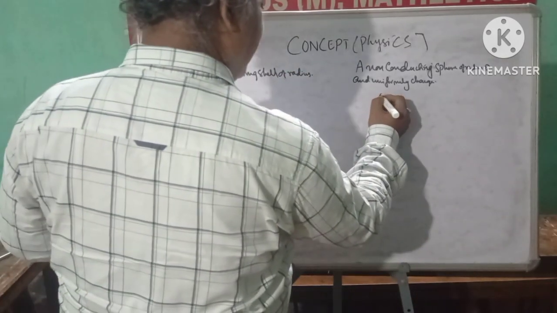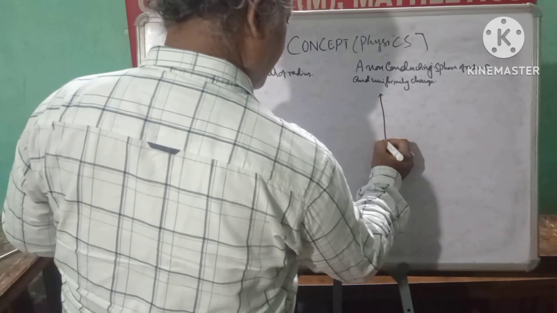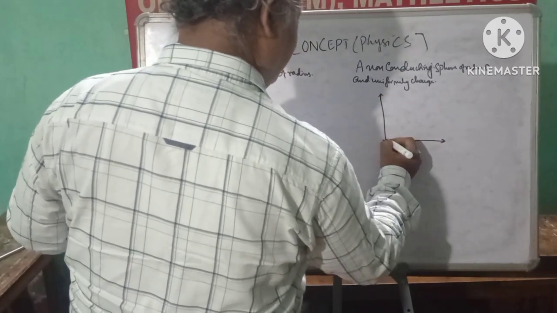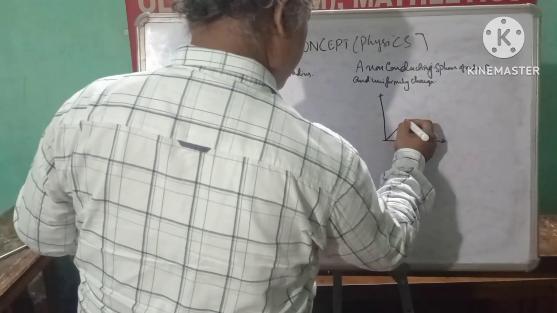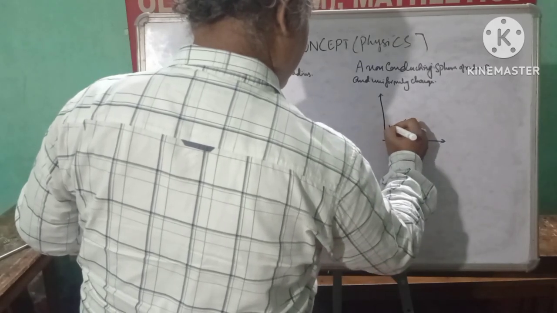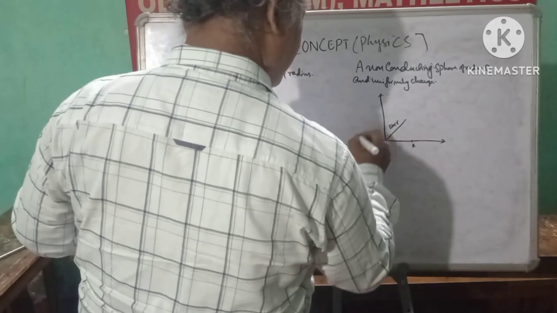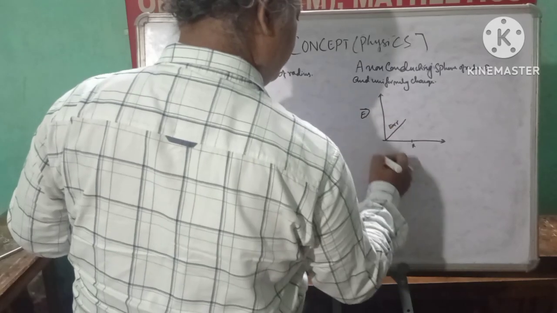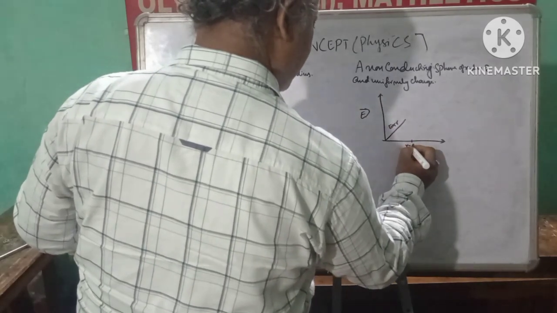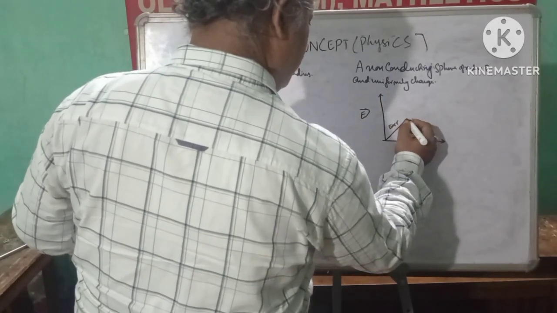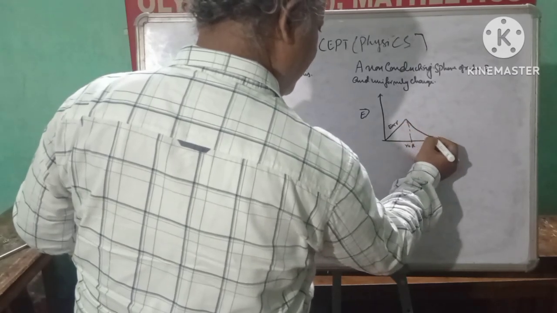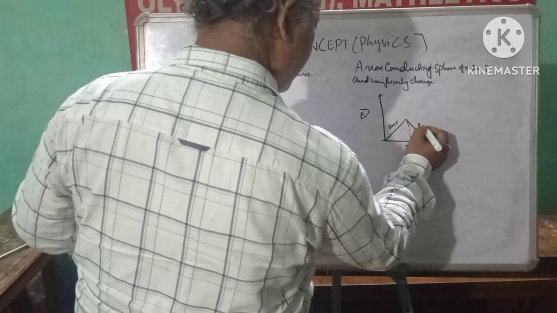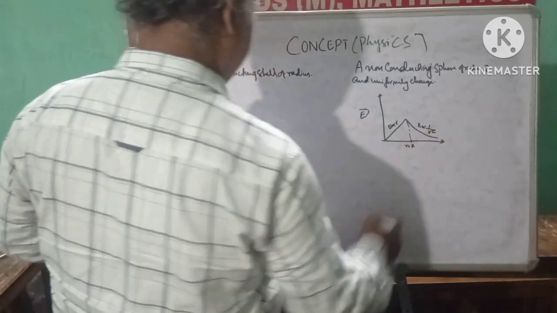Here your electric field E is proportional to r inside. This is your electric field, and this is your r, and it is maximum on the surface, and after that it decreases as 1 by r squared.